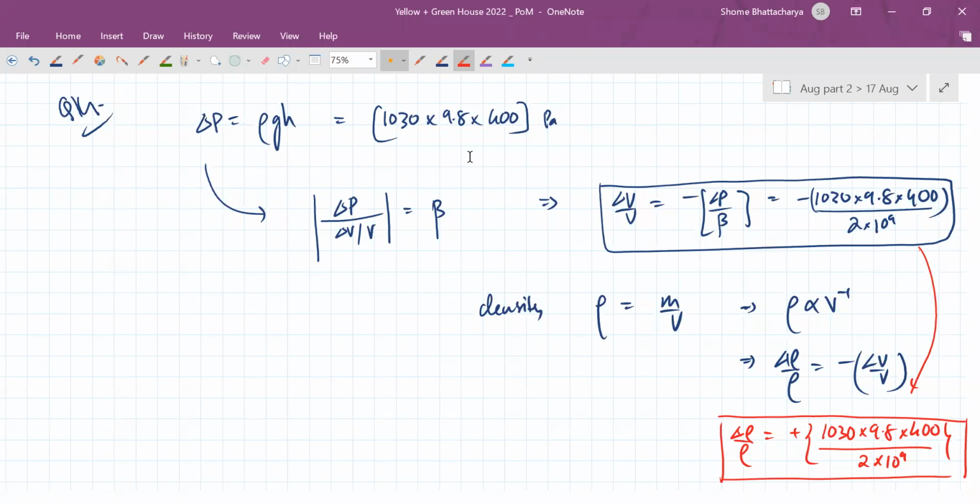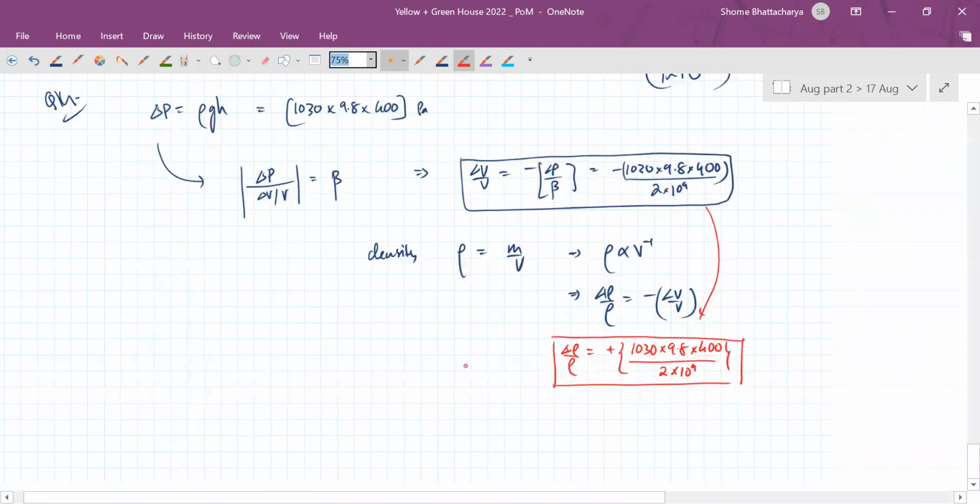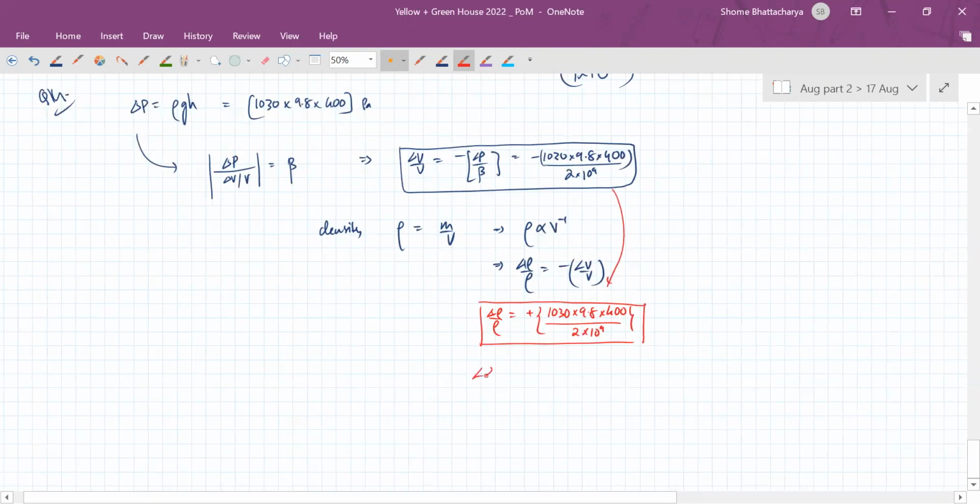Now actually we have to calculate the change in density itself. So the change in density you just cross multiply. No? Delta rho by rho will be equal to this fractional change into rho. So this is the fractional change multiplied with the actual density.